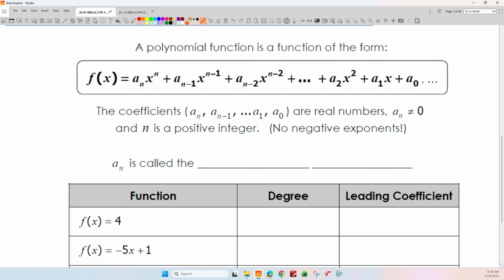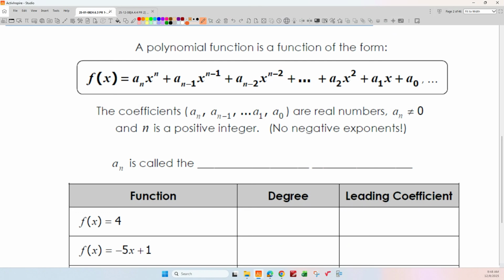And the way we do that is we use these subscripts. We just make the subscript match the exponent in this case, right? So x to the n, whatever n is, x to the power of n, the coefficient of that we're just going to call a sub n. What does that mean? It's just going to be some number, right?